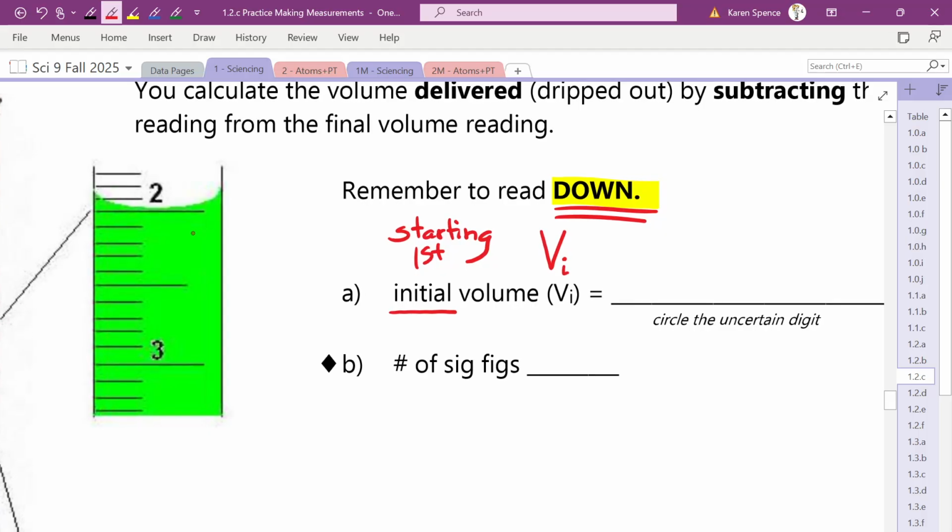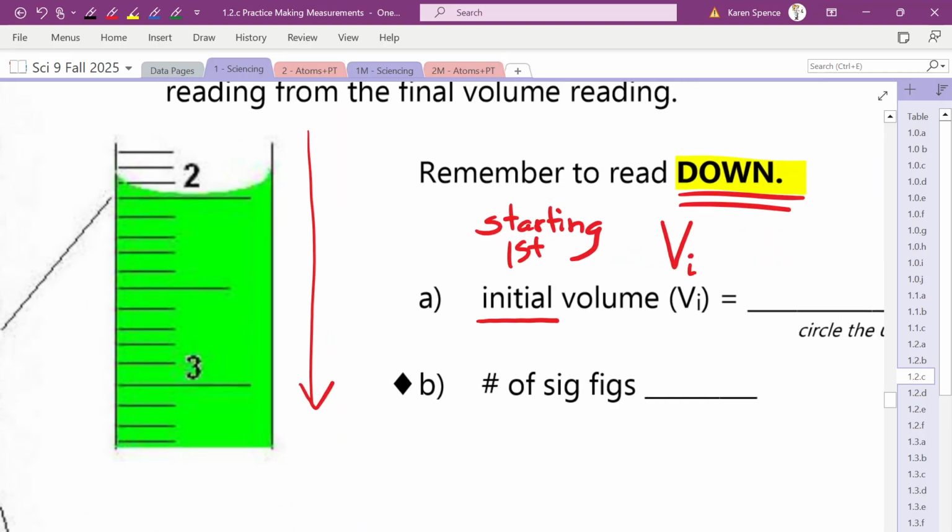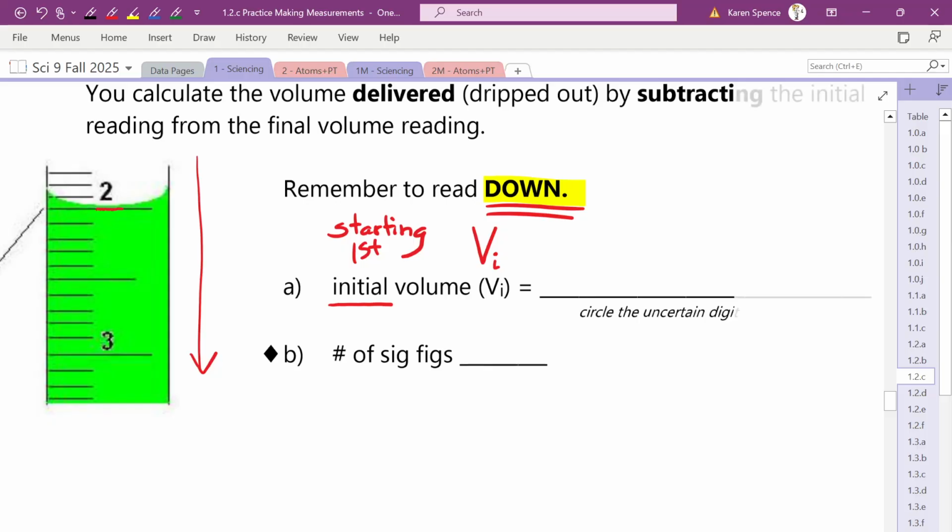Now, on this one, because it's reading down, this isn't going to be 2 point something, it's not going to be above 2. It depends on how you read it. You might read that that's exactly at 2. If you said that is exactly at 2, then I'm going to give you 3 choices for what your measurement could be.